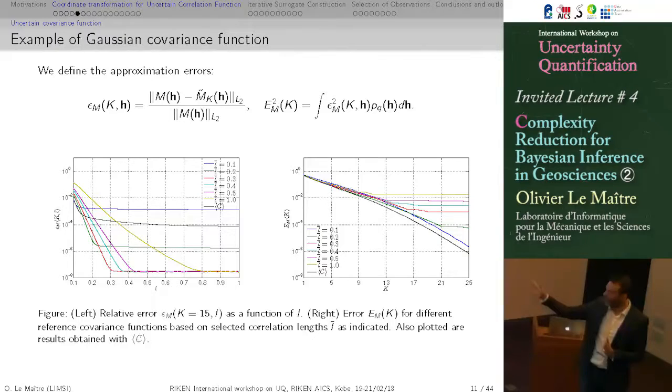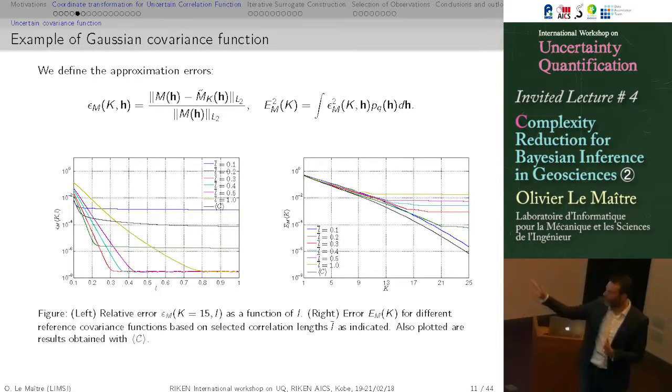And here is the convergence of the error as a function of the actual value of the hyperparameter L. What we do is fix the actual value of the parameter L, and we see what is the error that is committed by approximating it in the reference basis. You see that if I'm using a reference basis with a correlation length of 1, I have a great error till the process actually has a correlation length that is getting close to L equal 1.